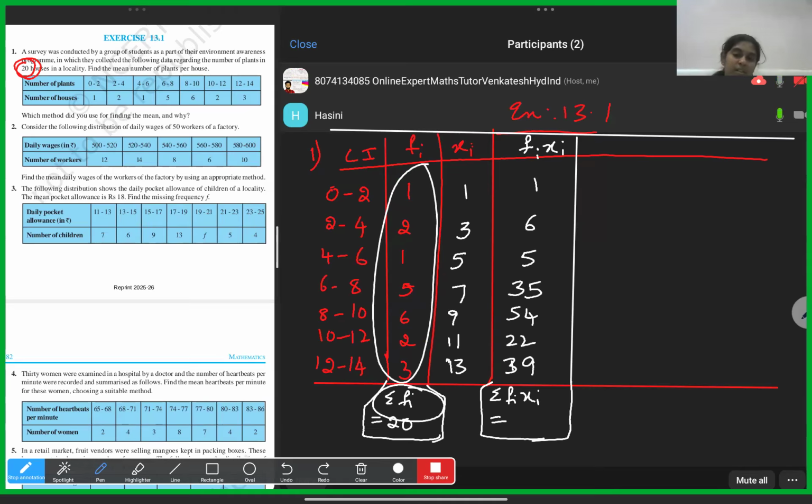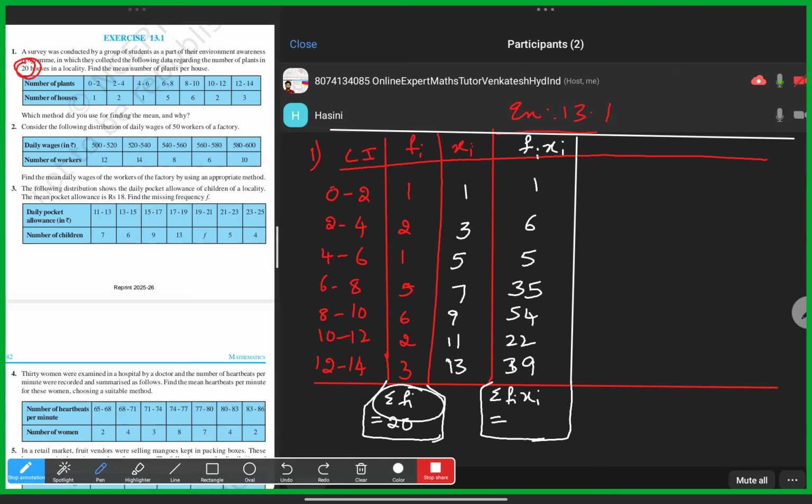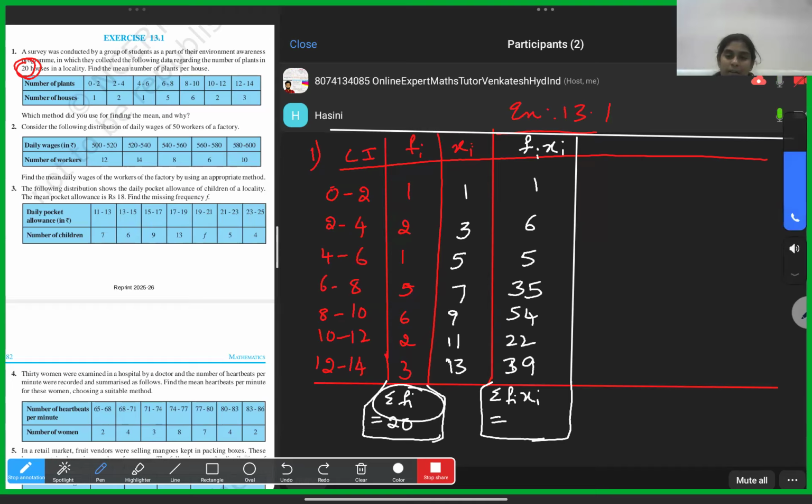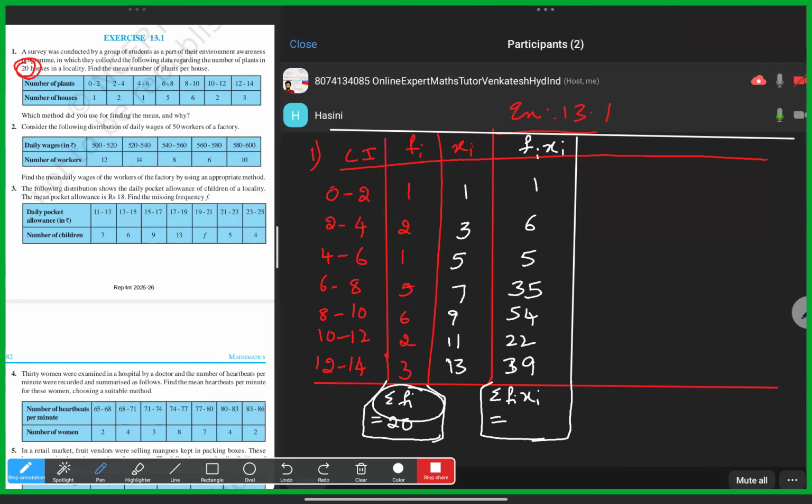So we have to add like the fi xi column, right, sir? Yes, that is correct. All the values that are present in the fi xi column, that is called sigma. That's why I didn't write sigma on the top half. Here I wrote it, meaning I'm adding all this now.